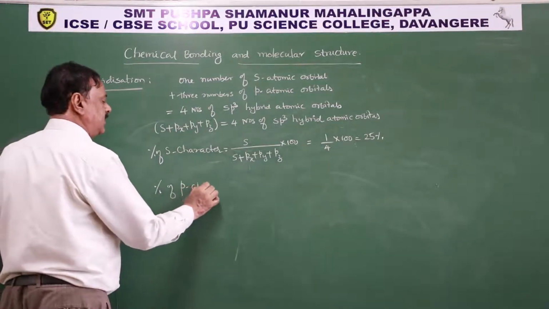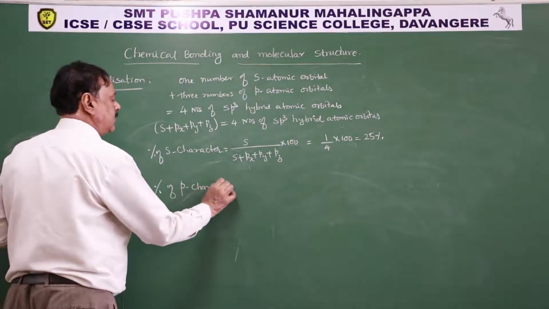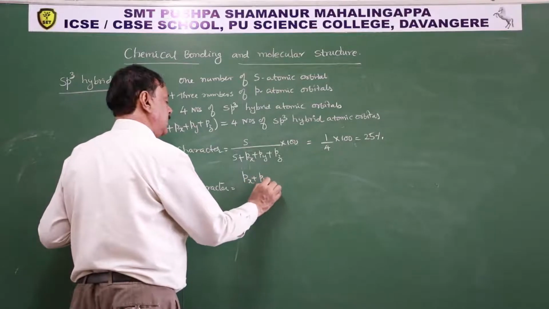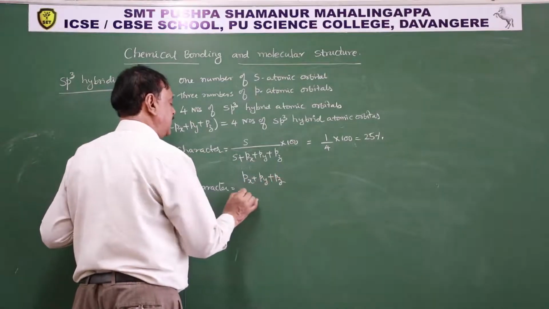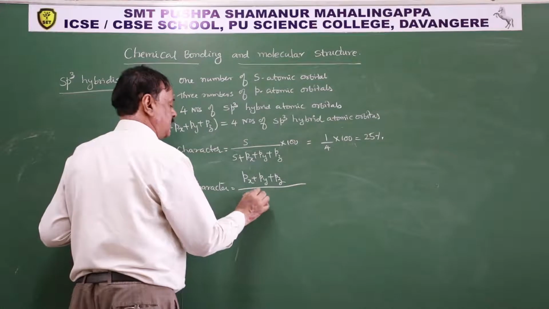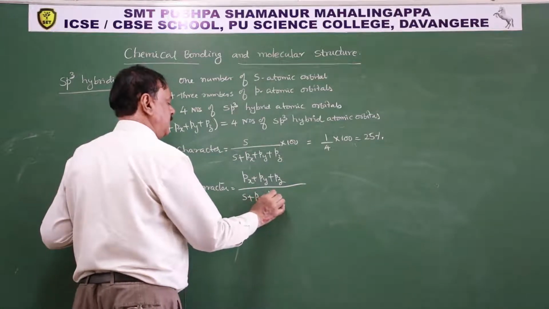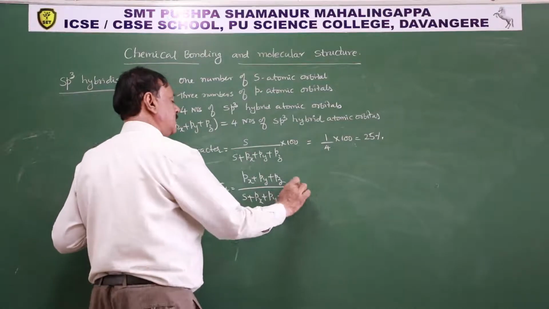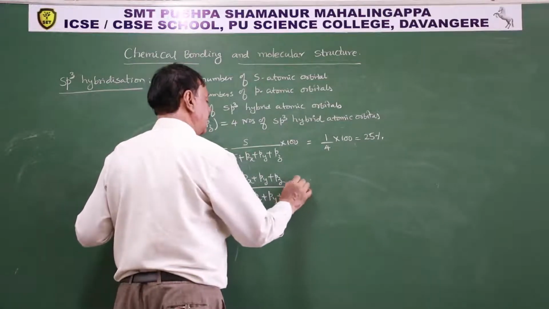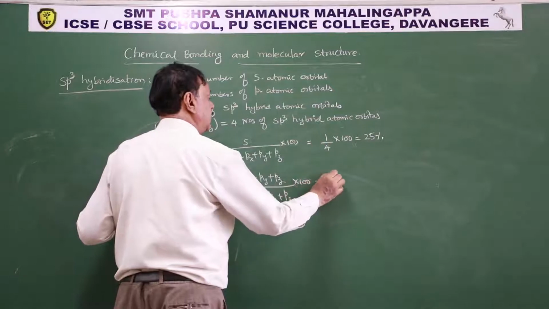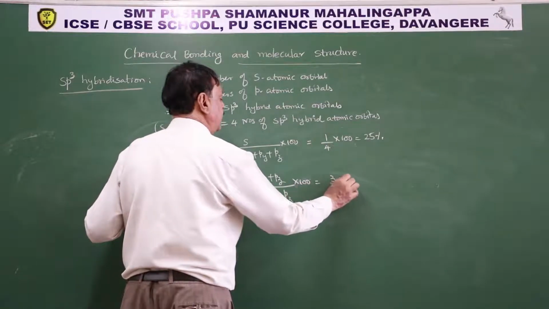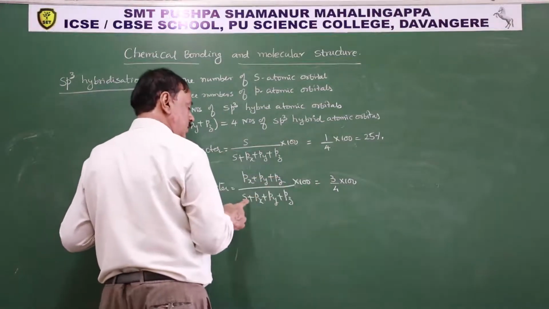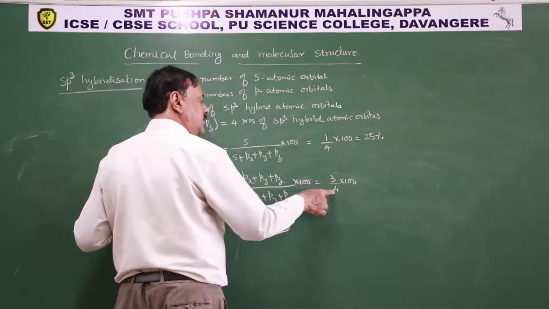It is px plus py plus pz divided by s plus px plus py plus pz, that is equal to 3 by 4 into 100. 1 plus 1 plus 1 is equal to 3, and 1 plus 1 plus 1 plus 1 is equal to 4.